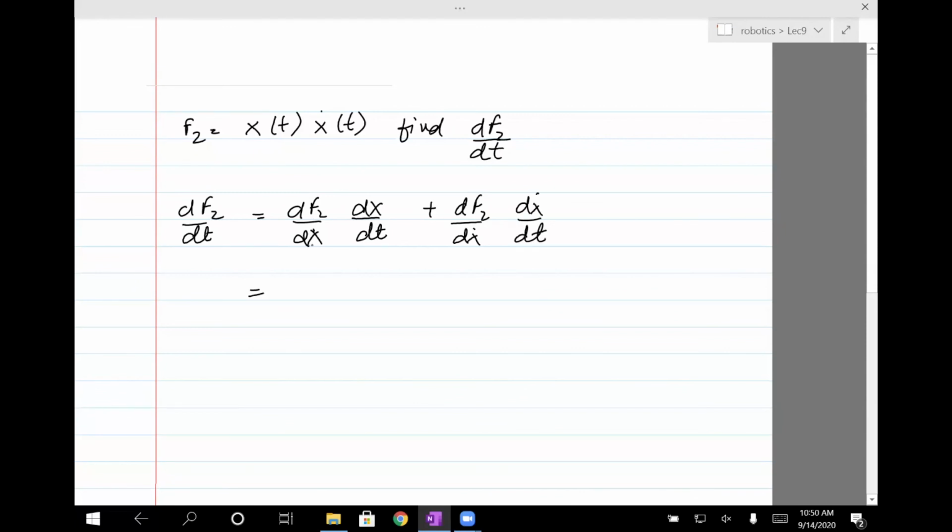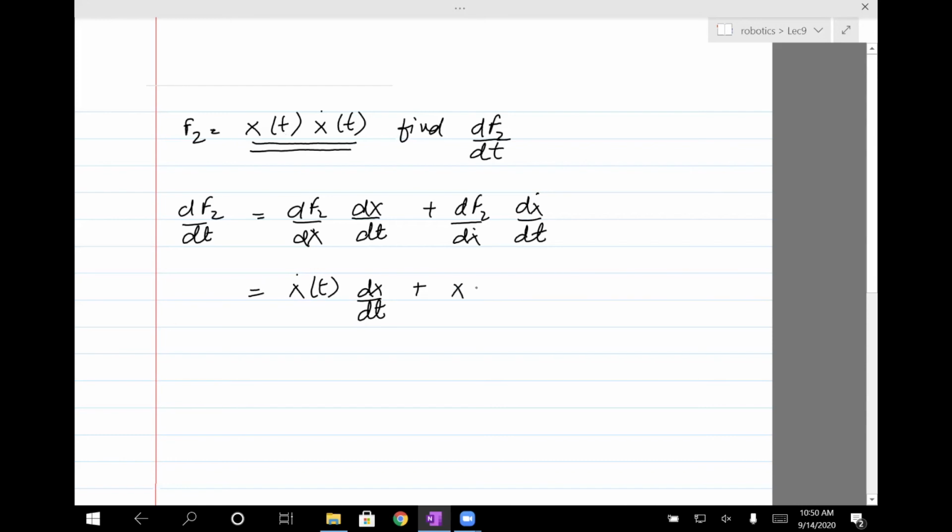So df2/dx is the derivative of f2 with respect to x. When you do that, you need to take x dot as constant. So we'll have x dot of t times dx/dt, plus the derivative of f2 with respect to x dot. Here x is constant, but x dot is variable.